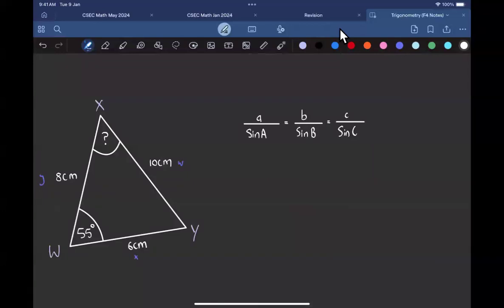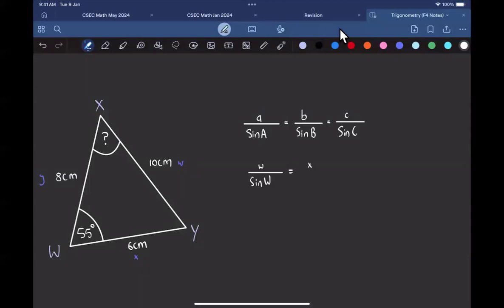Right, so we just replace the letters and write back the formula. We replace a with w, so that will be w over sine W.